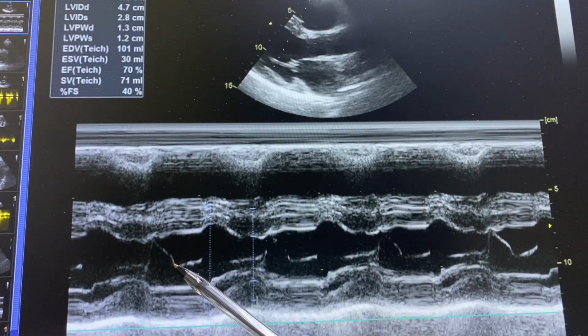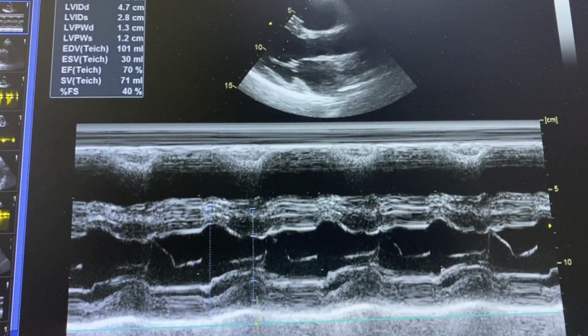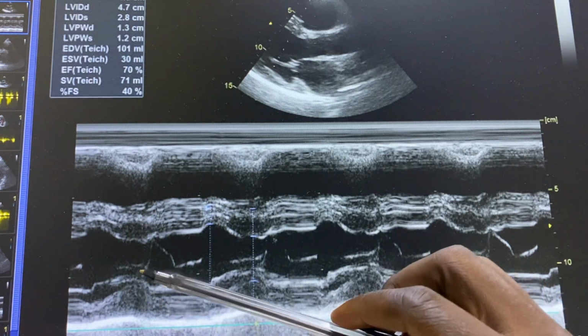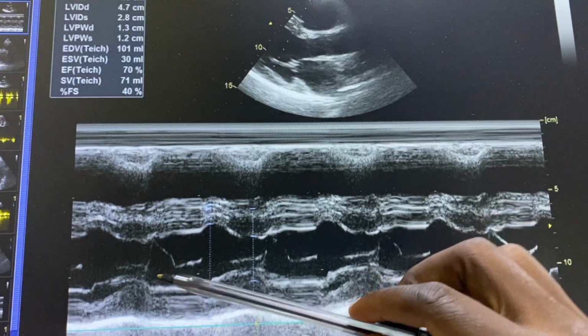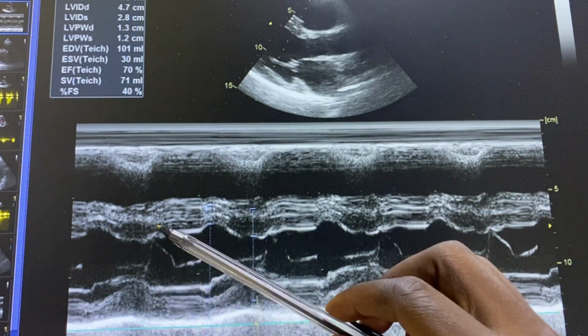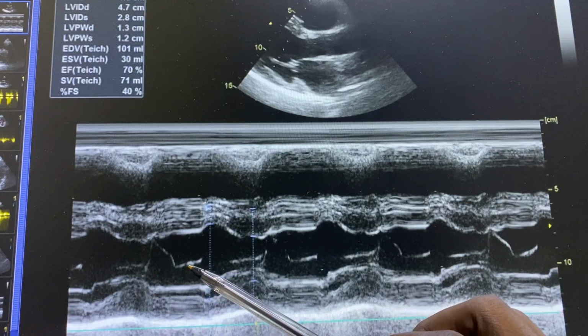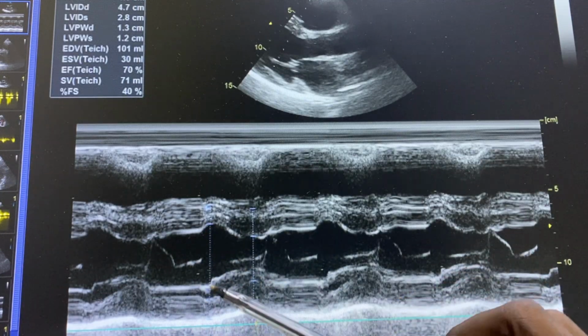So mitral valve opens, diastole starts. So it has started the filling part of diastole, not the isovolumic. Now blood fills, diastasis is here, and then the last part. You see the last part, this is end diastole.